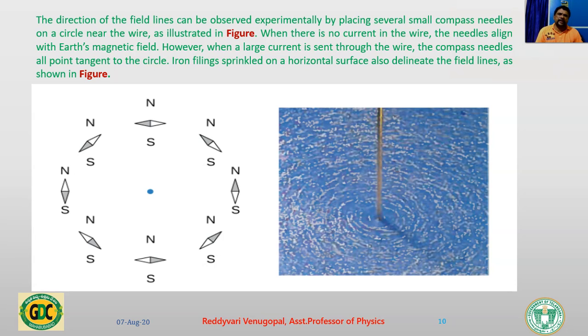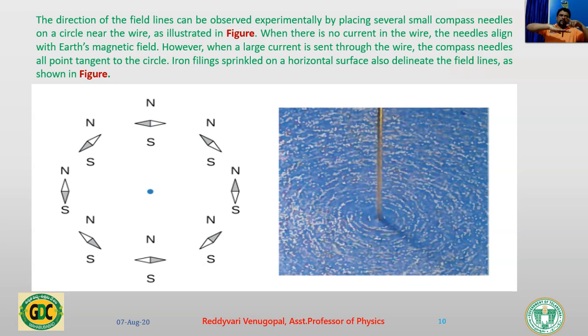To find the direction of magnetic field lines, we can simply take small compasses. Just take a paper, make a hole in that paper, and put the conductor through it like this.